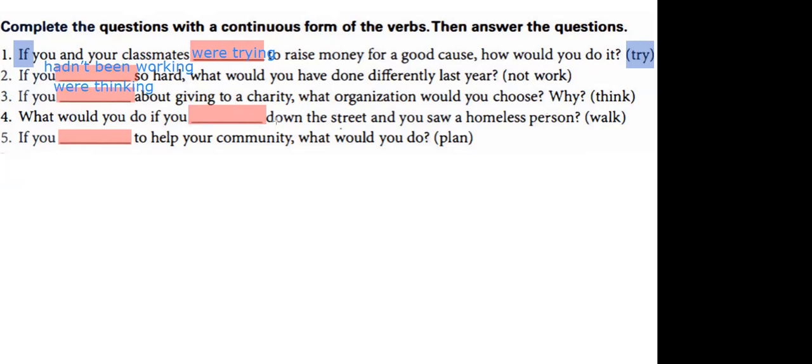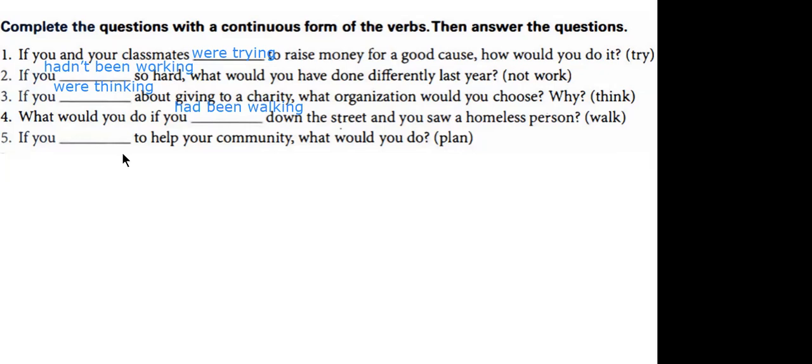It's in the past. Had been walking. If you had been walking down the street and you saw a homeless person, okay. And if you also have your community, what would you do?